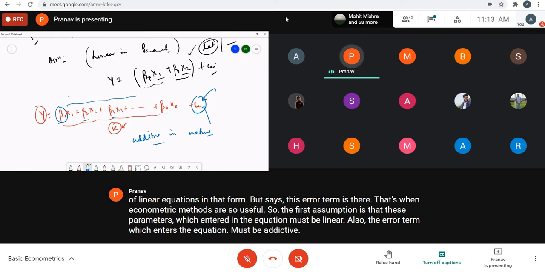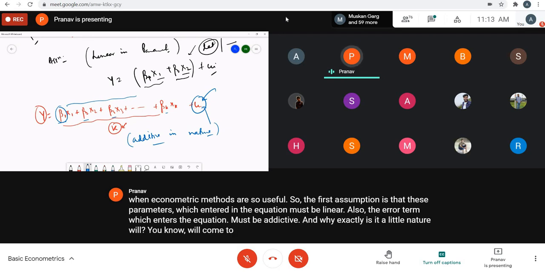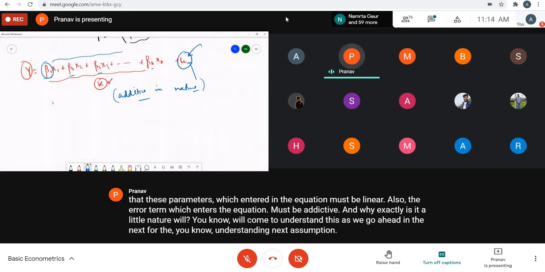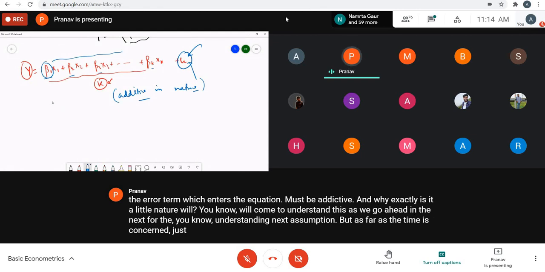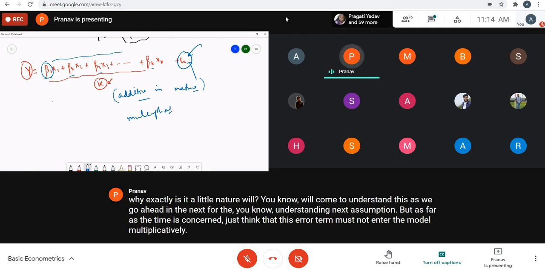Why exactly is it additive in nature? We'll come to understand this as we go ahead with the next assumption. But for the time being, just think that this error term must not enter the model multiplicatively. It must be additive.